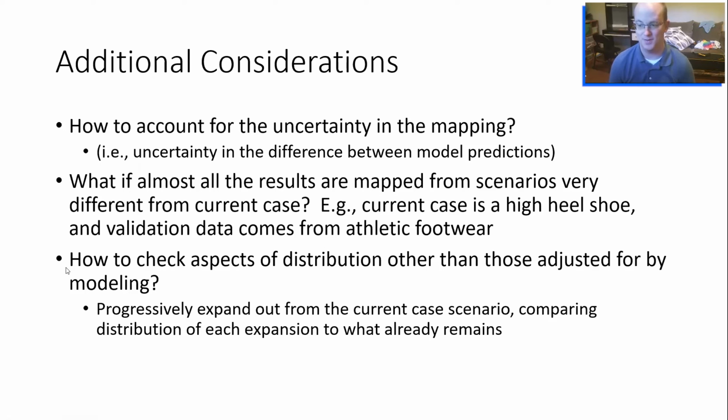And so one thing we've toyed around with, but don't have time to illustrate today, is to initially restrict yourself to circumstances closest to the currently considered case and apply this process for those instances, and then progressively expand out to cases that are farther and farther from the circumstances of the current case, and at each step checking to see, are that new set of projected results for the current case still matching the distribution that you had from the already considered case, those from validation sets closest to the currently considered case.